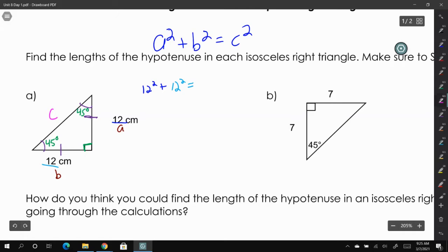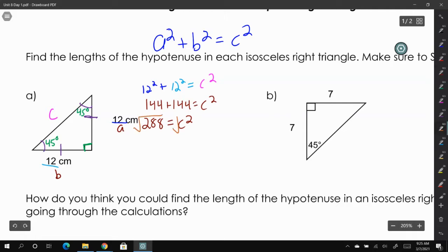We don't know what that is. Well, 12 squared is 144. So 144 plus 144 equals c squared. We add our like terms, 144 plus 144 gives us 288 equals c squared.